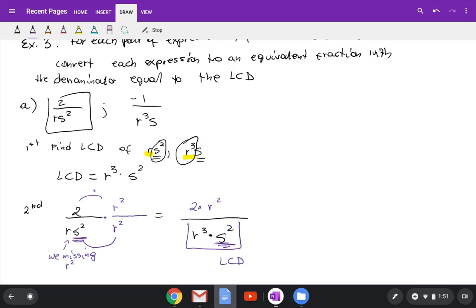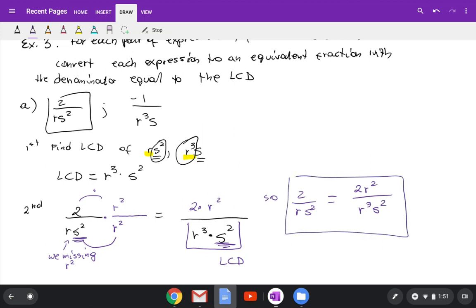Okay, so we have it. 2 over RS squared is the same as 2R squared over R cubed S squared. They are equivalent fractions.